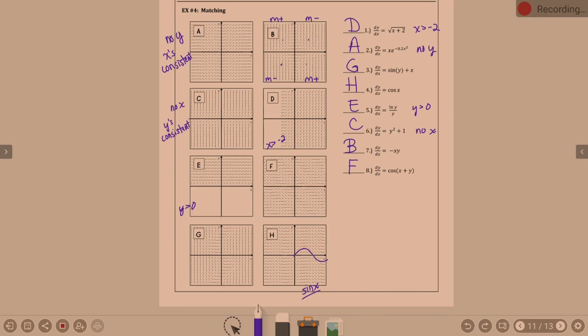When y equals 0, because sine of 0 would be 0, the slope is just x. And so when y is 0, the x values are increasing and decreasing appropriately.